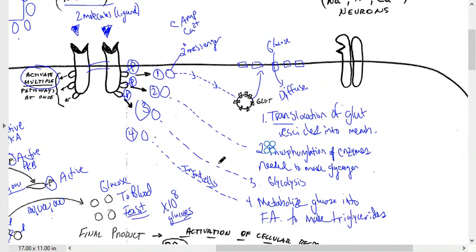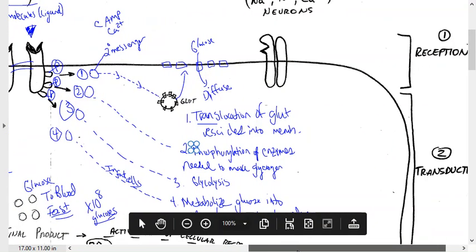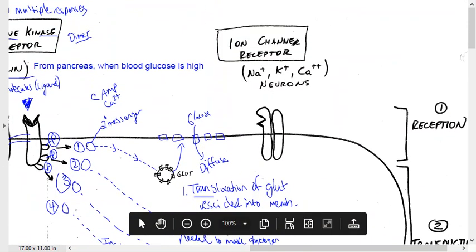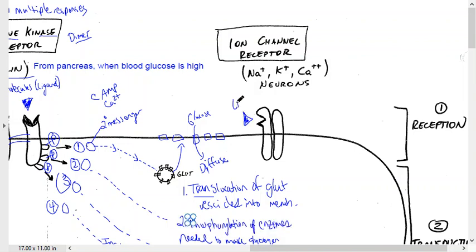The last receptor that we're going to talk about here is an ion channel receptor. The default for an ion channel is to be closed, but if an ion binds, so if the ligand, remember this is a ligand again, binds to its ion channel, then it opens.